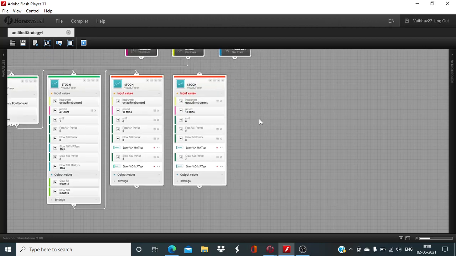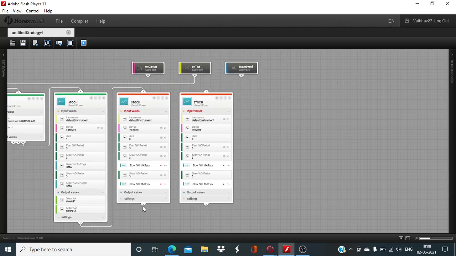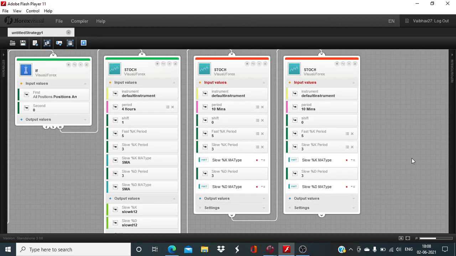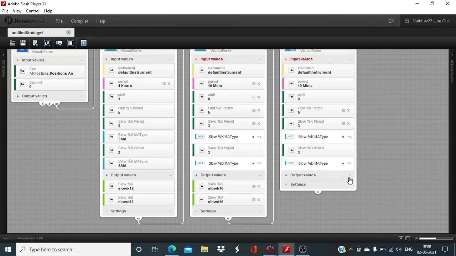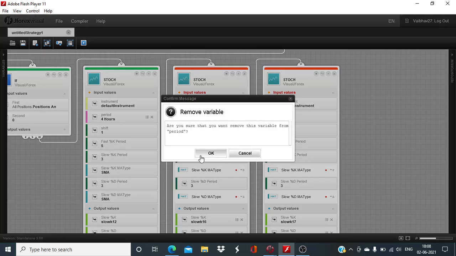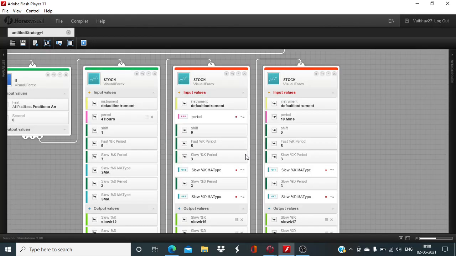As these blocks have more number of input variables, they take quite a lot of screen space. This will be of 15 minutes.